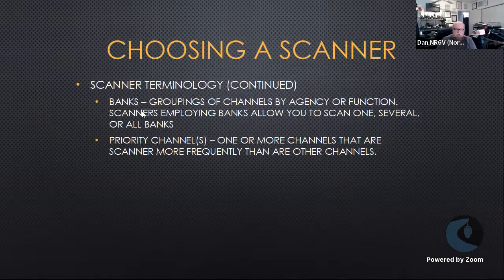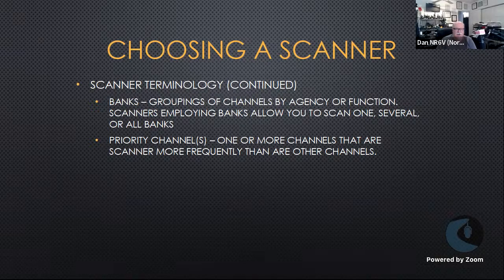Another term you're going to see when you're looking for a scanner is banks. This is just a way for memory management. Within the scanner, you can group like channels, whether they be an agency or a function within that agency. You can group those in single banks, and then you can tell the scanner, I want it to monitor just this bank or these 2 banks, these 3 banks, or all the banks.